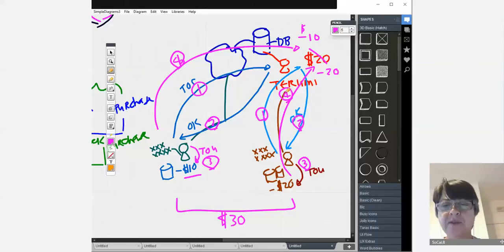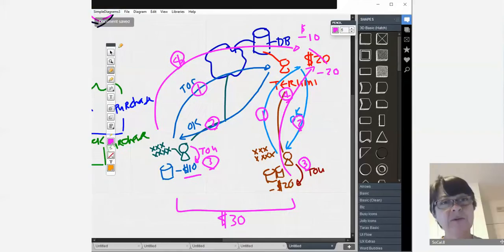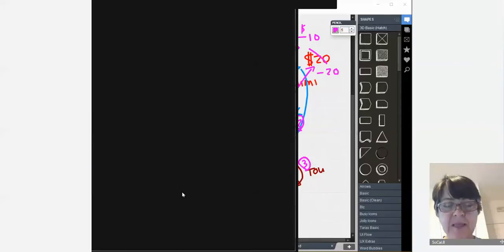Okie dokie. All right, so that was that piece. I'm looking forward to what you find out. Chances are, if you look at some other definition of what time of check, time of use is, it probably does consider that to be time of check, time of use.